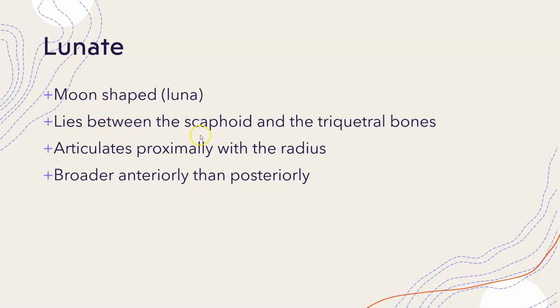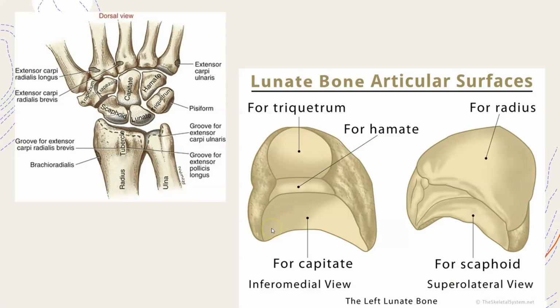So these two bones articulate with the distal radius as it comes towards the wrist joint. The lunate is considered to be broader anteriorly than posteriorly, which again helps provide that concavity, the carpal tunnel, on the anterior surface. So here's our scaphoid. You can see how it articulates with the radius along with the lunate at this surface here. So we've done lateral scaphoid, and lunate is in the middle.